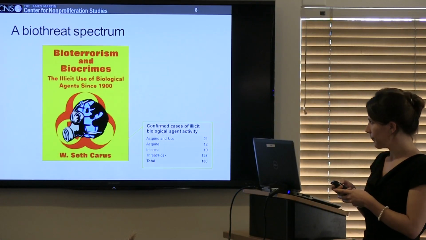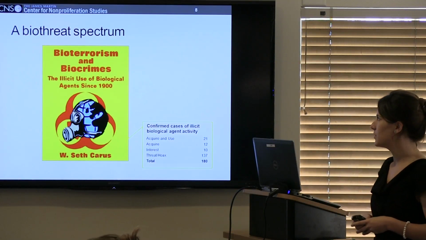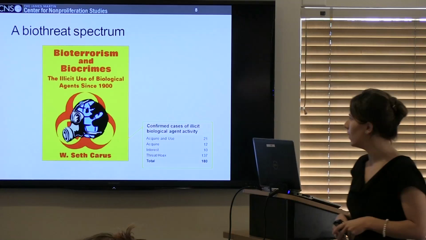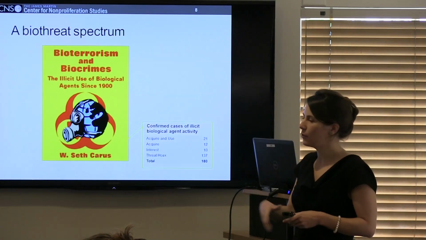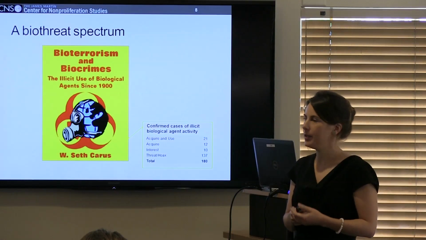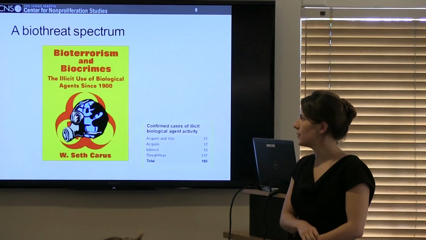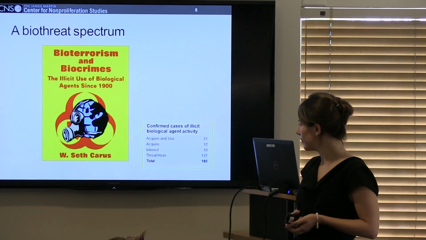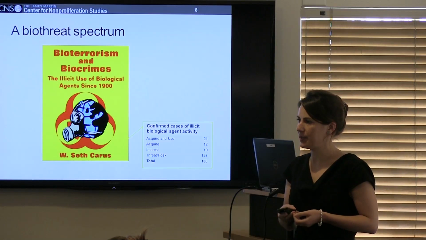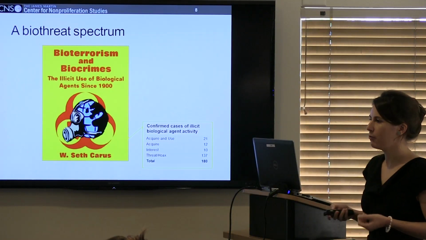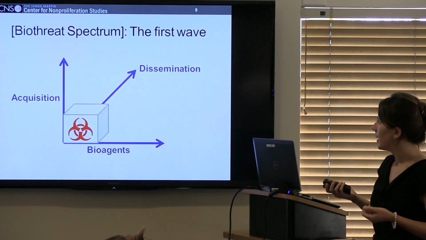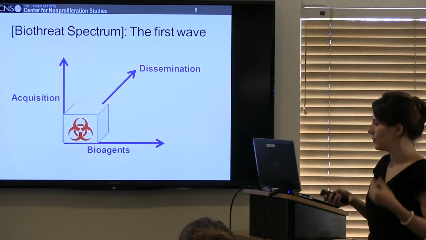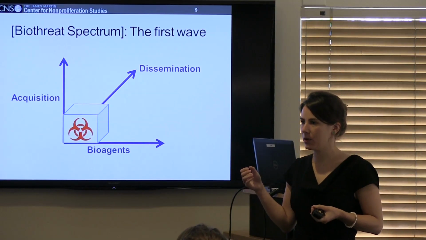And so, to start with an idea of what the biothreat may be, I used this book from Dr. Carus, and he analyzed all the uses of biological agents in the 20th century. And he found 180. So by compiling this kind of literature, I decided to present it in this way, where we have bioagents.